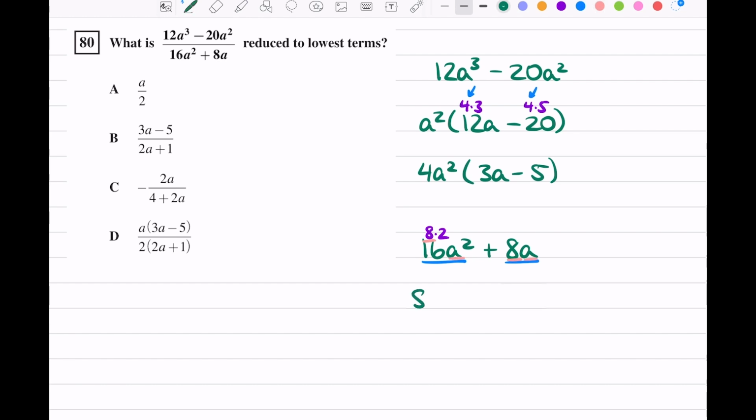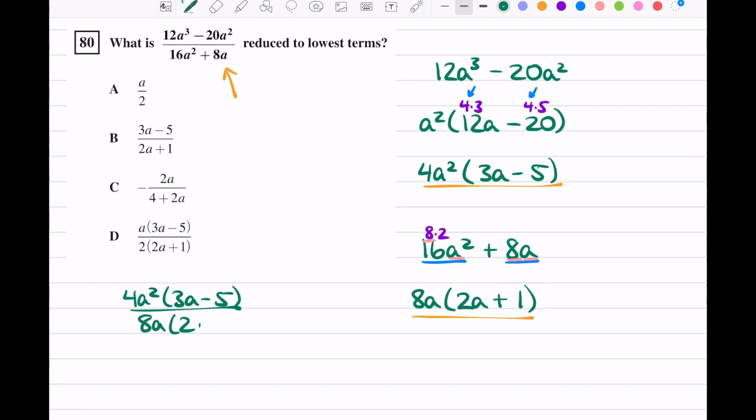So we'll factor out 8a, and we're left with 2a plus 1. Now we have our numerator and denominator factored, so we can rewrite our original fraction. We'll have 4a squared times 3a minus 5 over 8a times 2a plus 1.